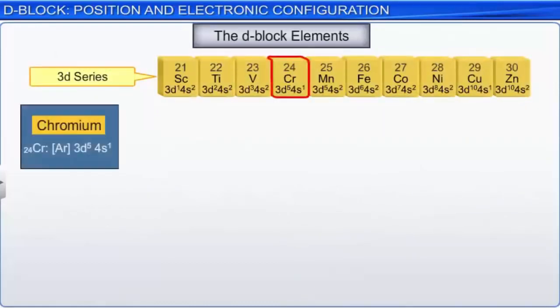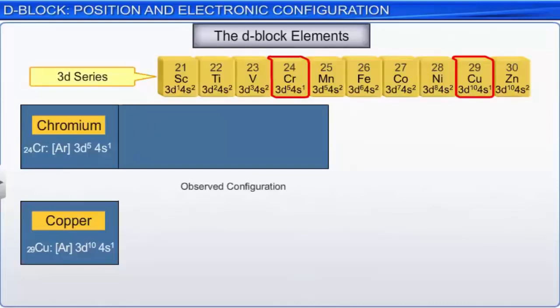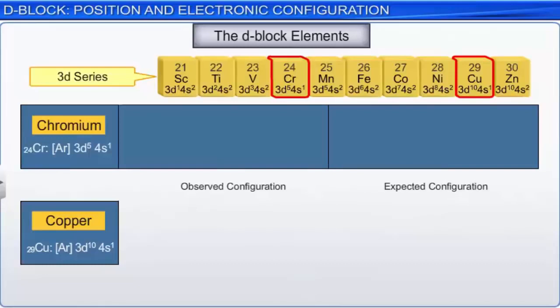Chromium, for example, has a configuration of 3d5 4s1 instead of the expected 3d4 4s2. Copper, on the other hand, has an electronic configuration of 3d10 4s1 instead of 3d9 4s2.